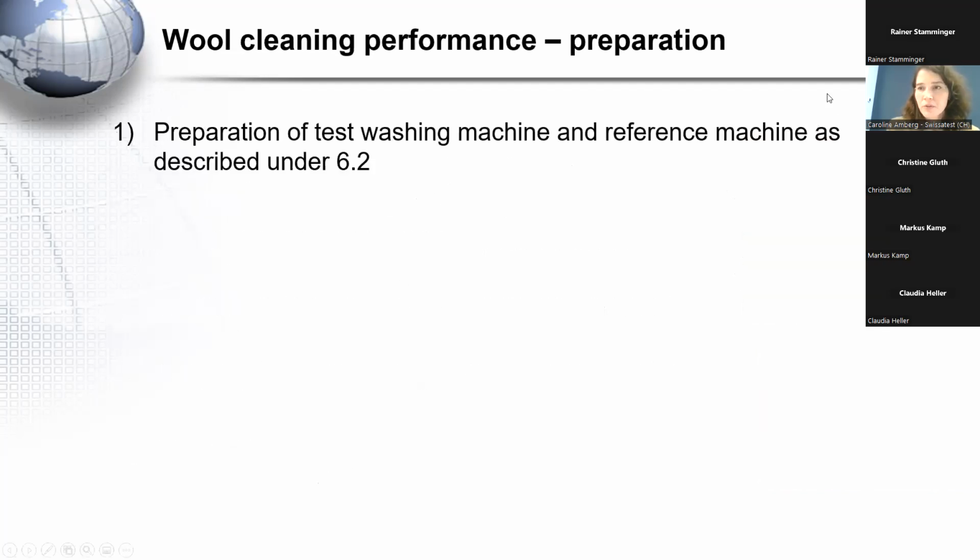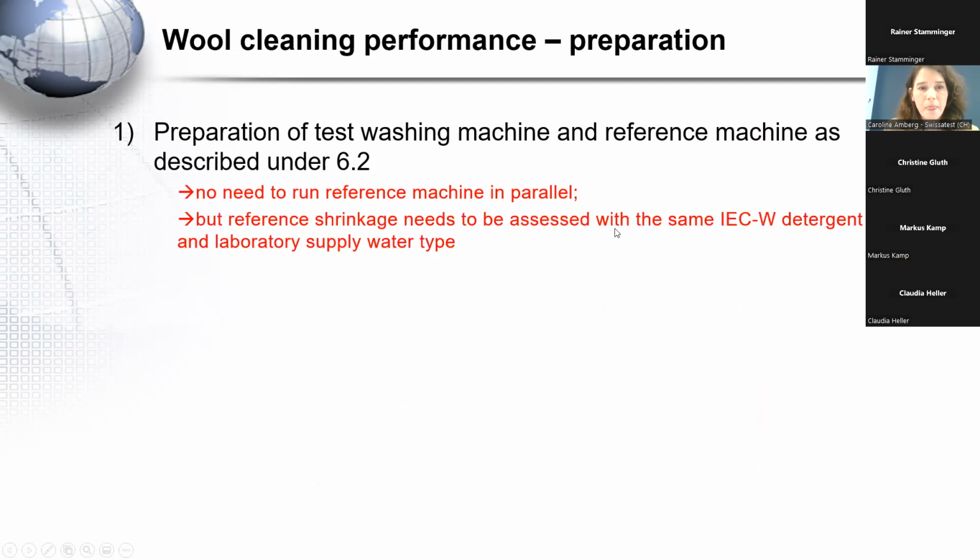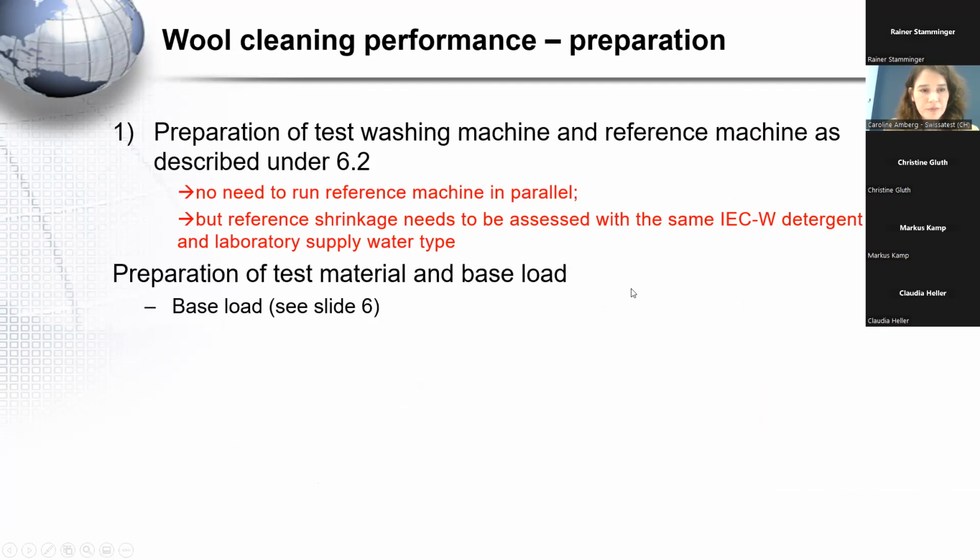Okay, and then we go through it step by step. Again, you have to prepare the test washing machine and the reference machine. I think I said that you do not have to run it in parallel, but you have to assess it once. And then you prepare the test material and the base load.